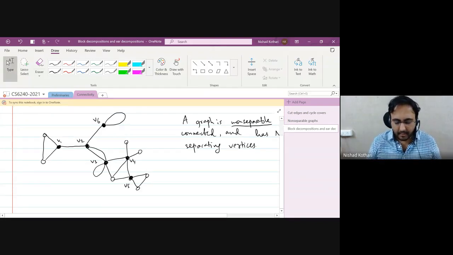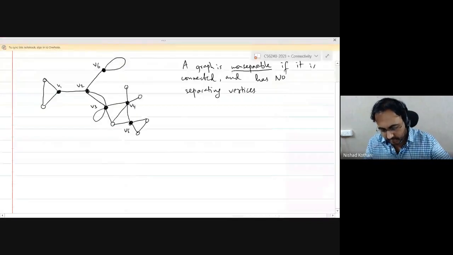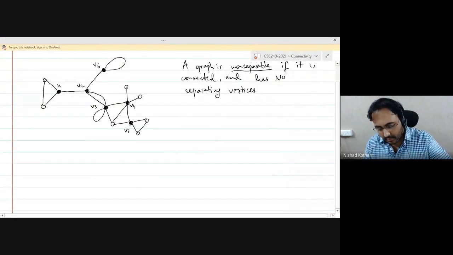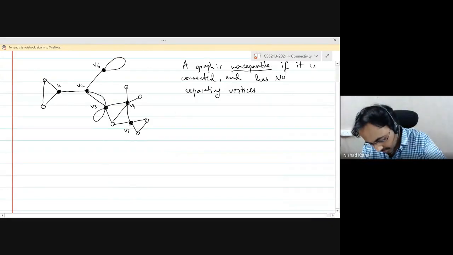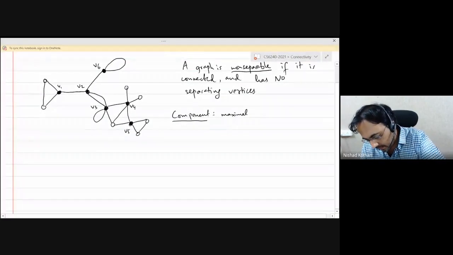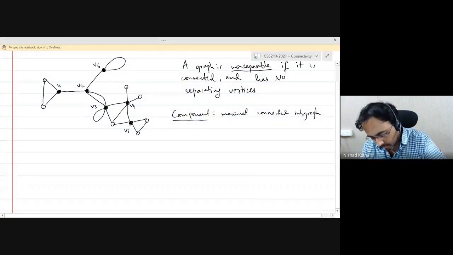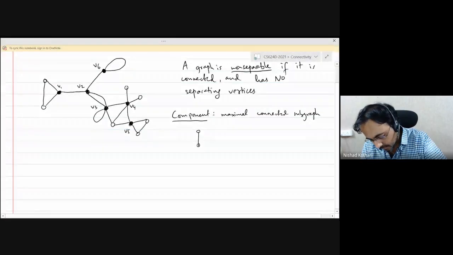Now we are going to define blocks of the graph, which are maximal non-separable subgraphs. Just to remind you, what is a component of a graph? A component is a maximal connected subgraph, right? In this graph, the components are clear.